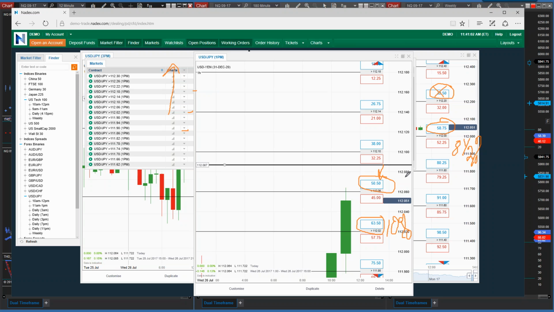Now, that is easier for a new trader to binaries to do versus adding the indicators and trying to use multiple time frames with multiple indicators. As you build up your experience, a lot of times you'll add in the indicators.